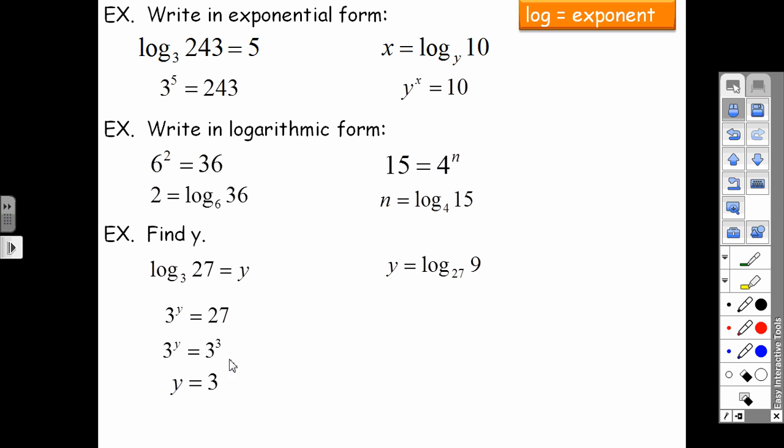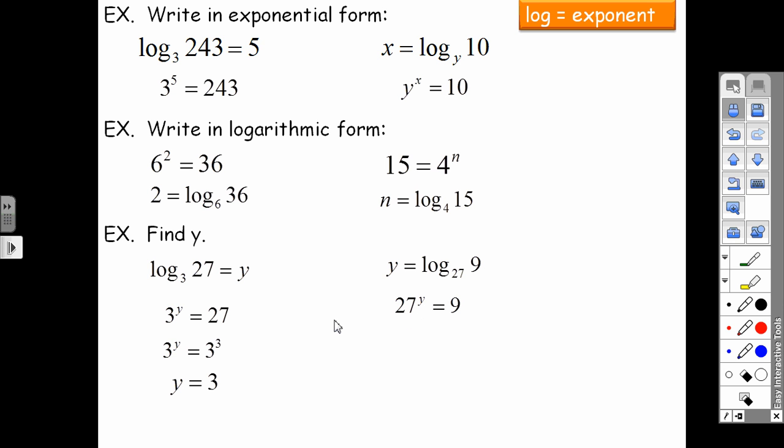That process is going to be more useful over here when we have y equals log base 27 of 9. Because when we convert this into an exponential, we have 27 to the y equals 9. And now these don't have the same base. You can't say 9 equals something squared, and 9 raised to something is not going to be 27.